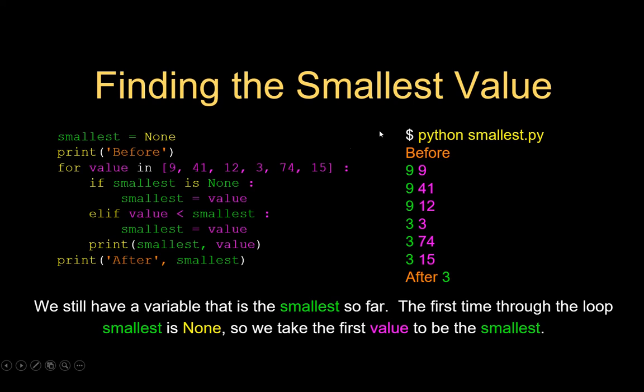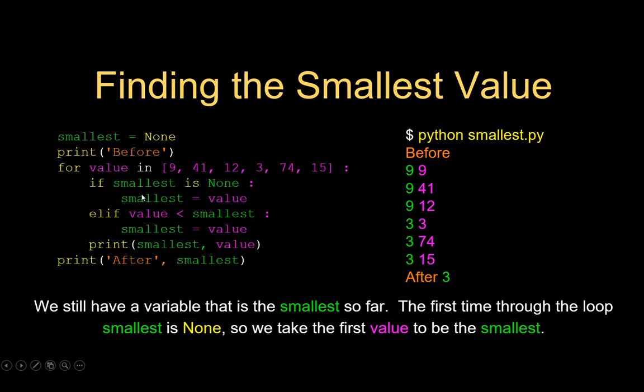So in this case, our value is 9, and smallest is None, and that's a true statement because at the beginning we assigned None to smallest. So in these circumstances we put our value, which is 9, into smallest.